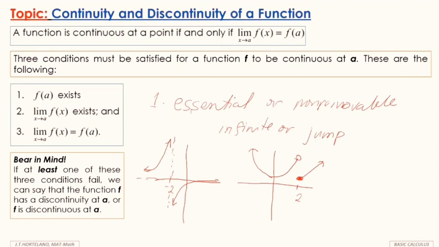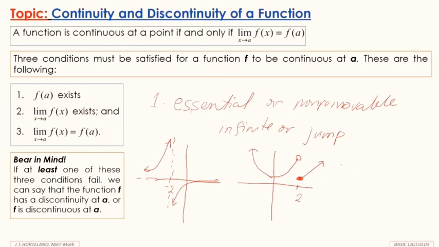This is a certain number, let's say this is 3. So the limit is 3. Then the limit of the function as x approaches 2 from right, papunta dito, meron din siyang napupunta ng certain number. So they both exist, but unequal.